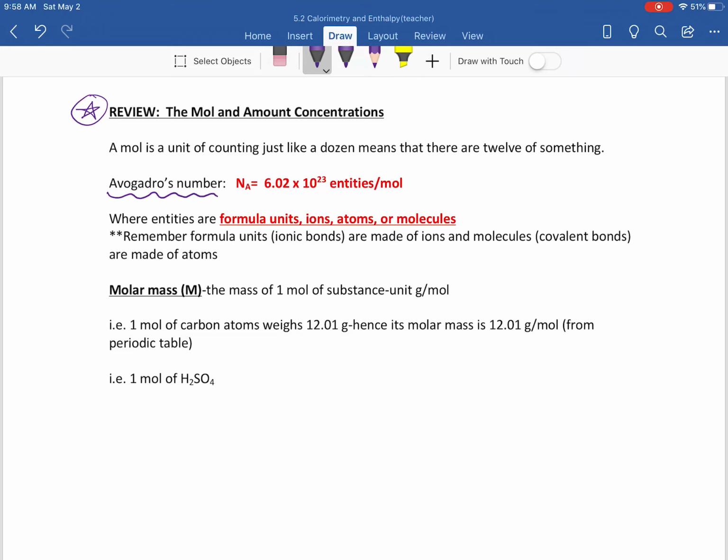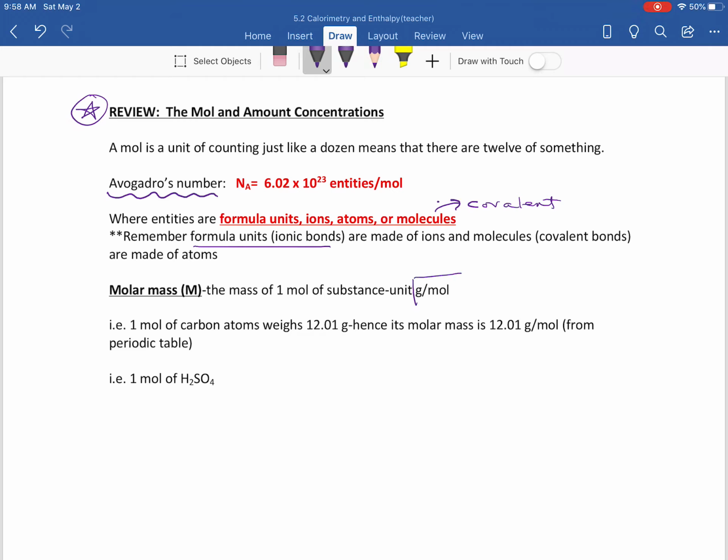I'm sure you're familiar with Avogadro's number, which is 6.02 times 10 to the power 23 entities per mole. Those entities can be whatever you're looking at. If it's an ion, it's an ion. If it's an ionic compound, that's a formula unit. If it's an atom, it's a neutral atom. And if it's a molecule, this would be my covalent compound.